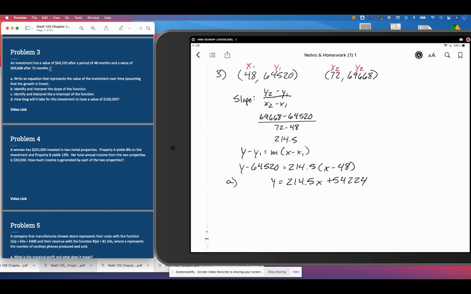And so this is an investment that has been growing. If we were to look at this, we'll be able to tell the slope and the y-intercept and their meaning.